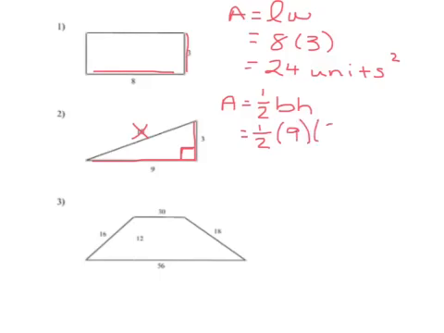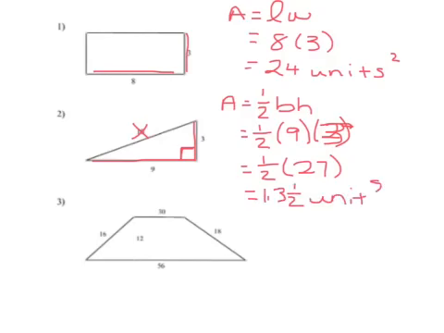So we're doing 9 times 3. Now let's multiply. It doesn't matter the order, so I'm going to do 27 times 1/2. When I do 27 times a half, I'm actually going to end up with a decimal or a fraction here. So that would end up with 13 and a half or 13.5 units squared. And that's okay to end up with a fraction.